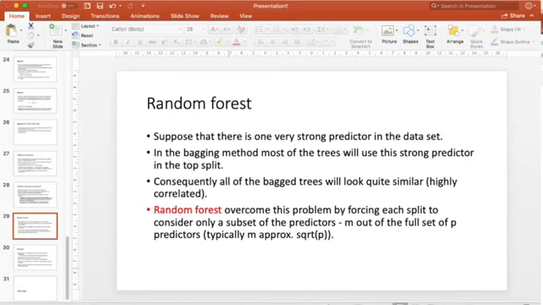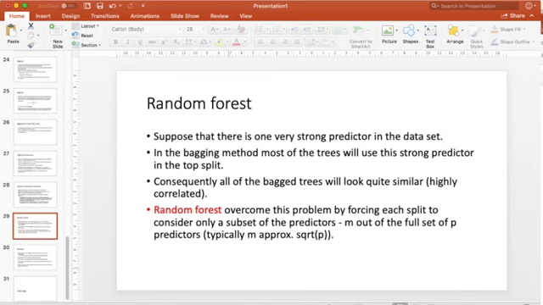In other words, let's say you have P independent variables, say P is equal to 10. What you do in the random forest is that instead of considering all P equal to 10 variables in the first split, you only consider M, which is a subset of P. In practice, M is approximately the square root of P. So if you have 10, the square root of 10 is about 3, so M is equal to 3.